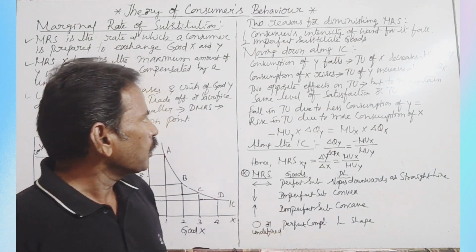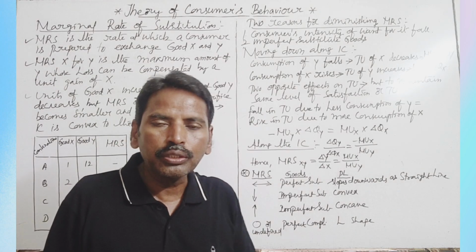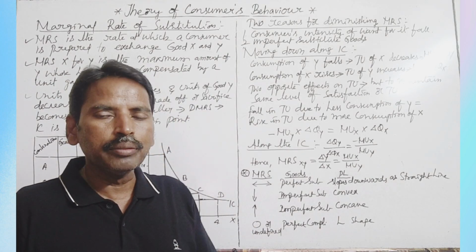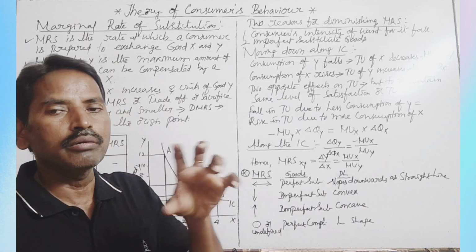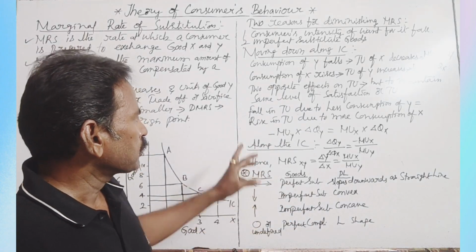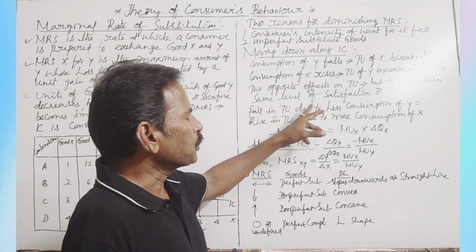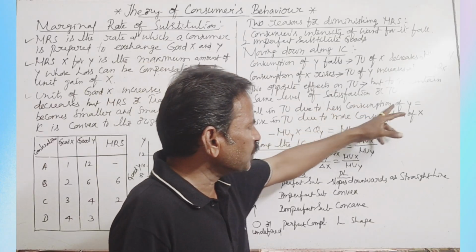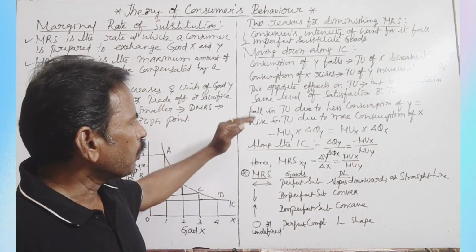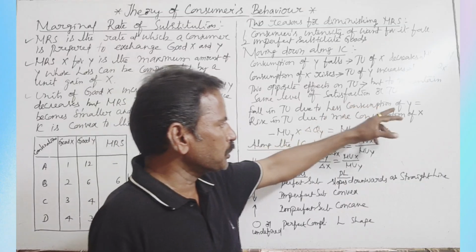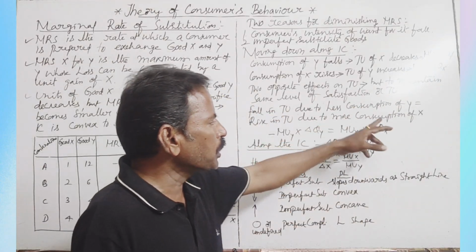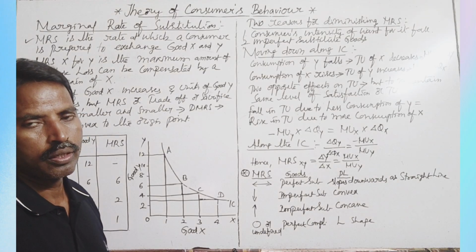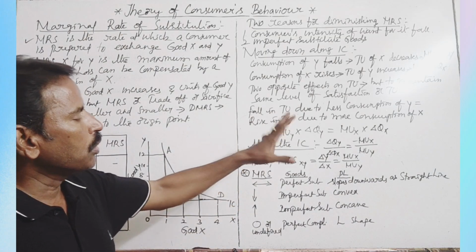loss of Y is equal to gain of X. Ultimately the same level of satisfaction. The consumer gets the same level of satisfaction. So the fall in TU due to less consumption of Y is equal to the rise in TU due to more consumption of X. So both are equal.